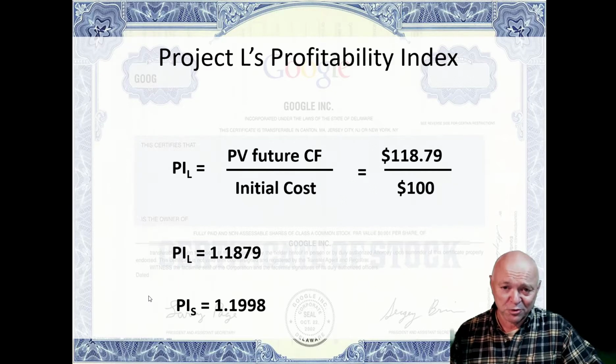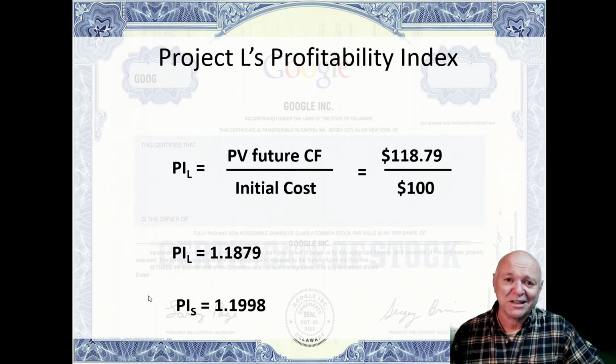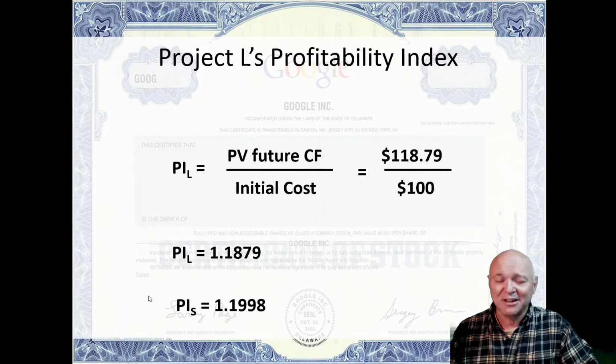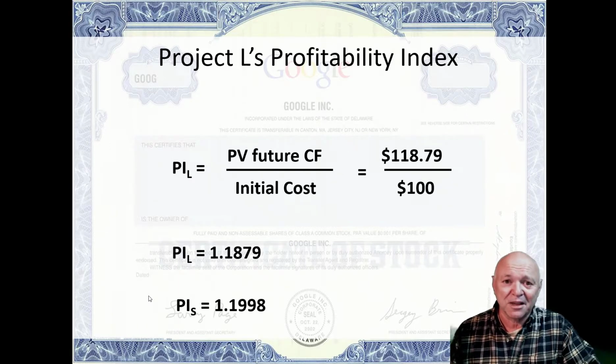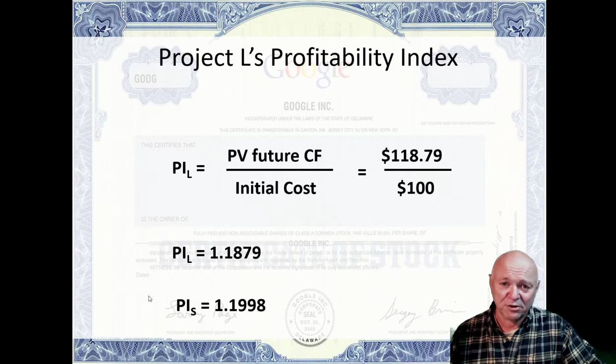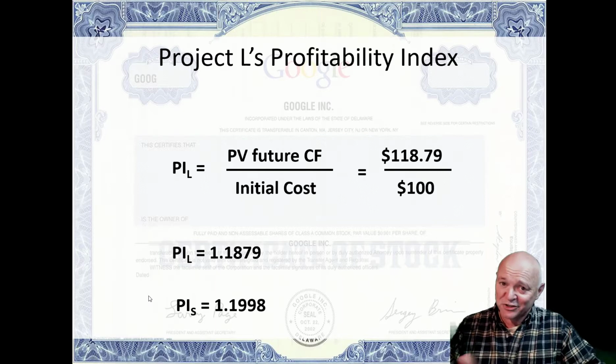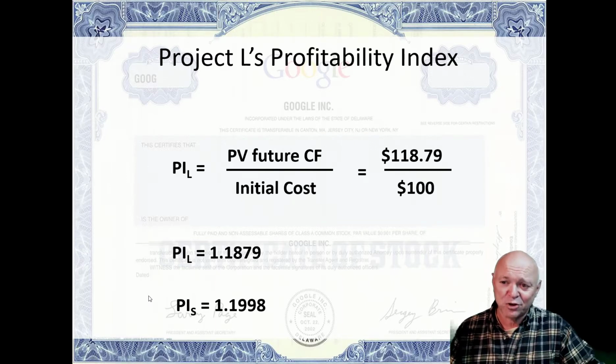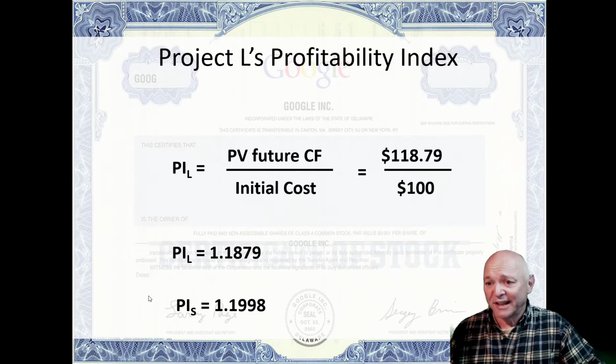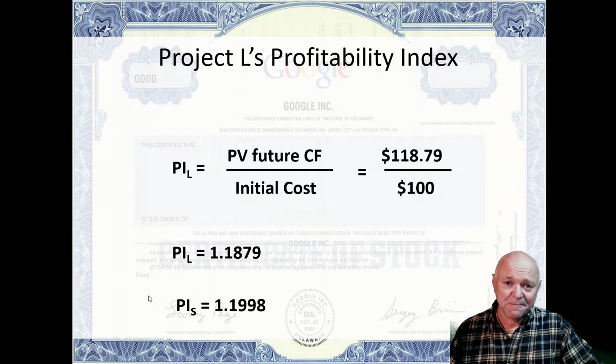Your total return would be $1.20, a $20 return on the project. What would you rather have, 118 million or $20? So it doesn't take into account the total value of the project. It's scale independent, so the thing that makes it useful is also the thing that becomes a problem. Make sure you remember that, because managers like to see a profitability index.